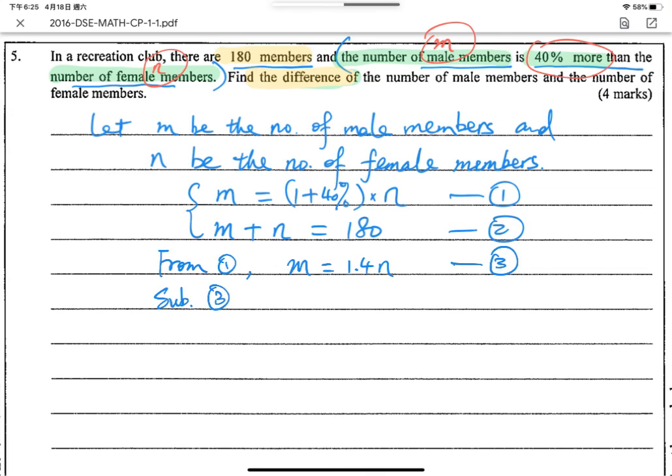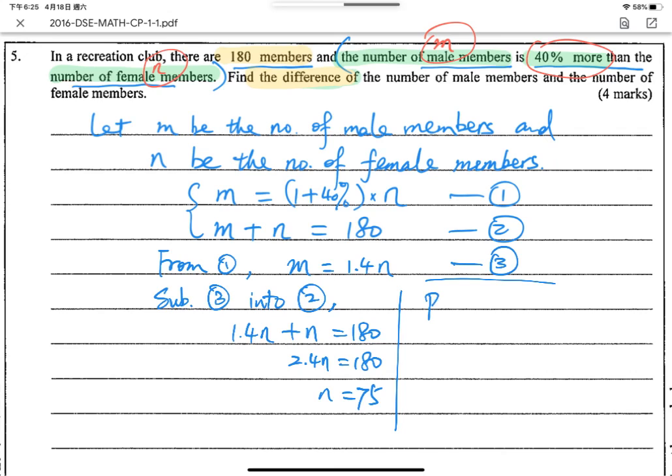Substitute equation 3 into 2. We get M replaced by 1.4N plus N equal to 180. So 2.4N equal to 180, divided by 2.4 on both sides. 180 divided by 2.4 equal to 75. So after we get the value of N, we can put N equal to 75 into equation 2.